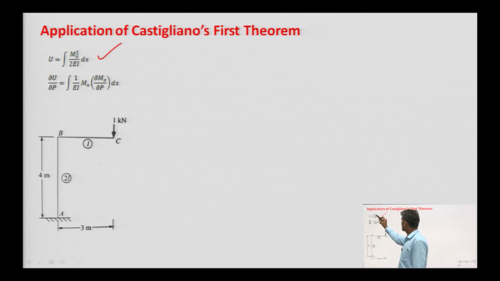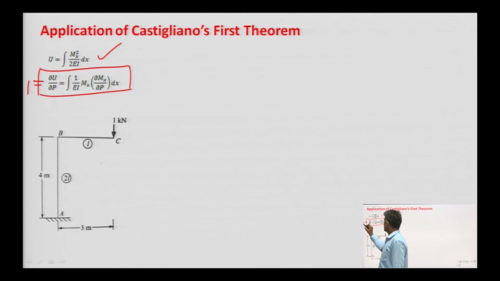We will get 2 m x, the 2 and 2 will be cancelled out, 1 upon E I into m x into del m x by del P into d x. So, this will be the expression. This expression will be used in calculating the displacement.